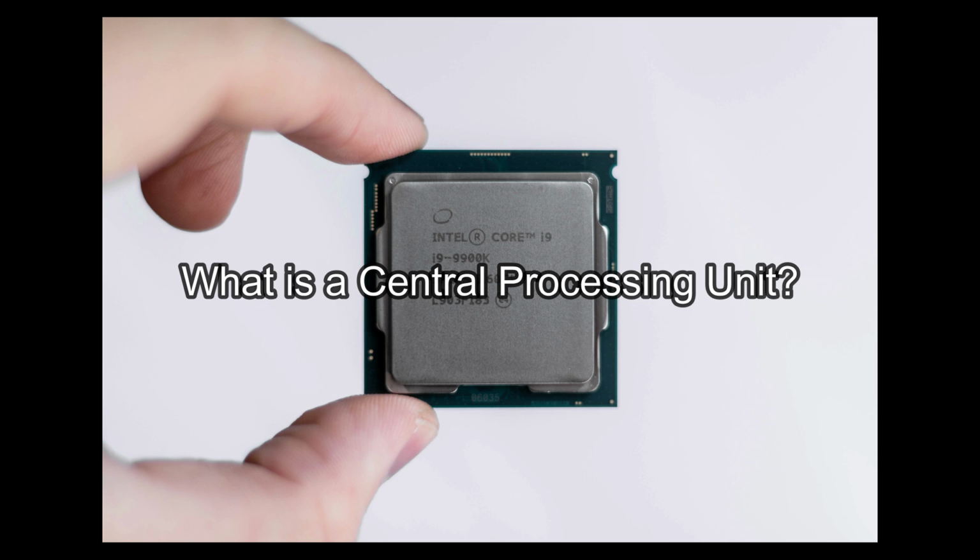The arithmetic and logic unit performs math activities like additions, subtractions, and multiplications, as well as logical tasks like comparing values. The cache memory stores frequently used data for quicker access by the CPU.